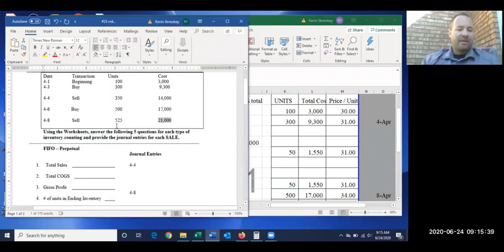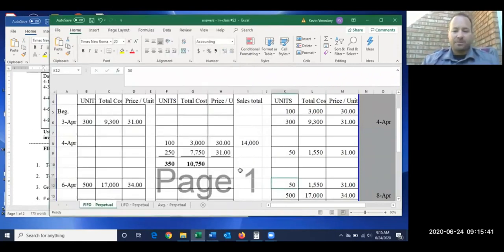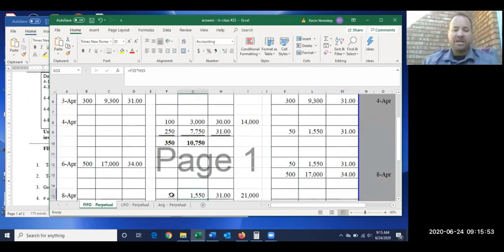Okay, so if I'm selling 525 items, I need to figure out what's my cost of goods sold. So when I'm selling 525 and I'm using FIFO, these guys are the first ones to go. I'm updating my cost of goods sold. 525, the first 50 are basically just this line copied.